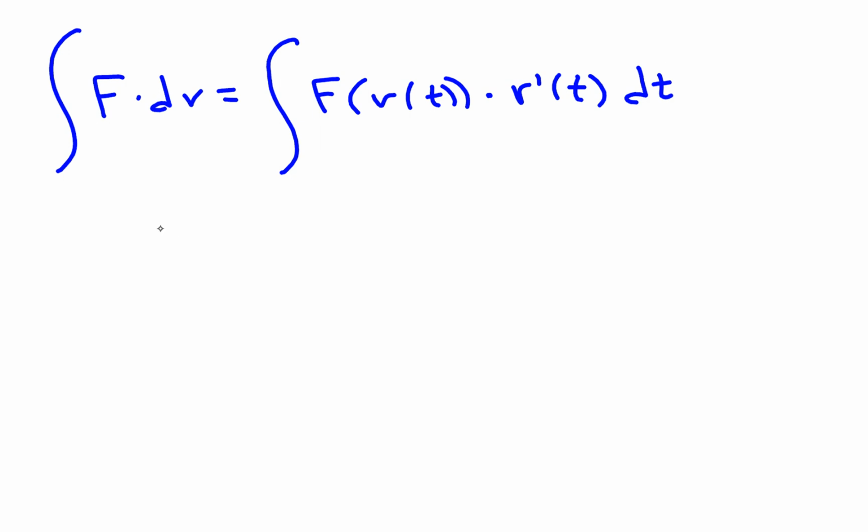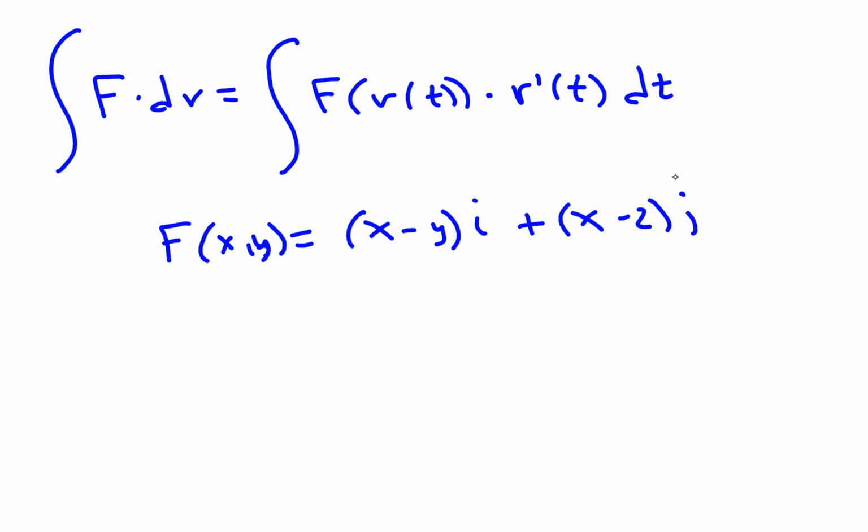Let's not forget F(x, y) in this particular problem was (x minus y) i plus (x minus 2) j.